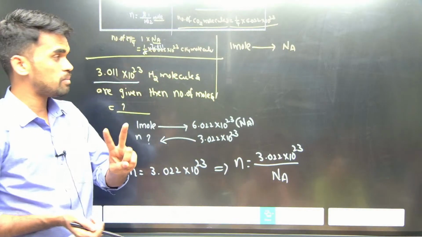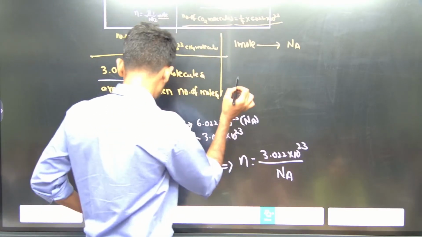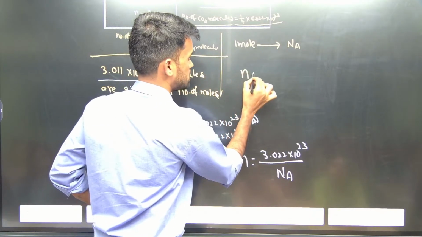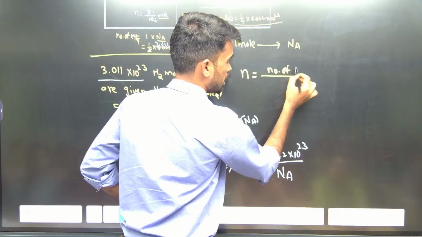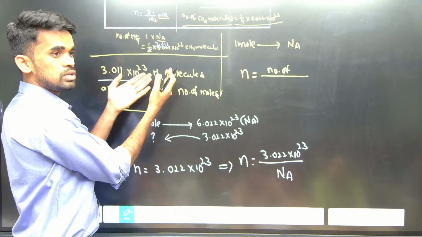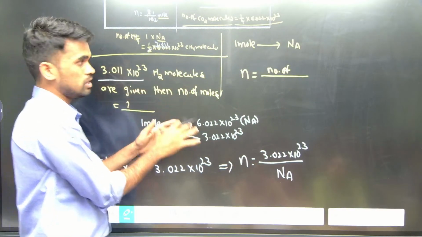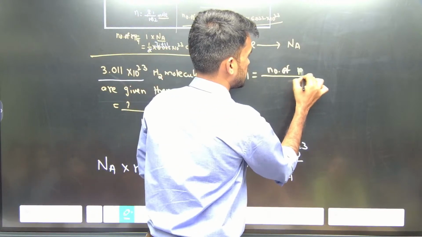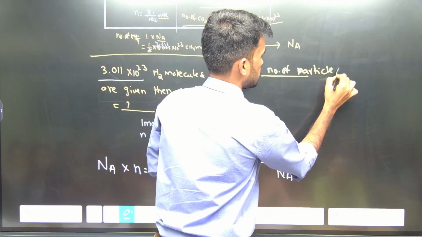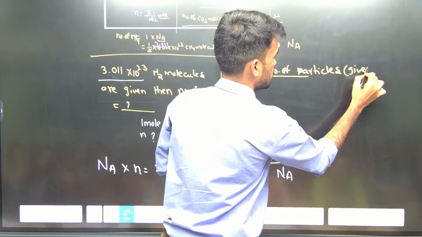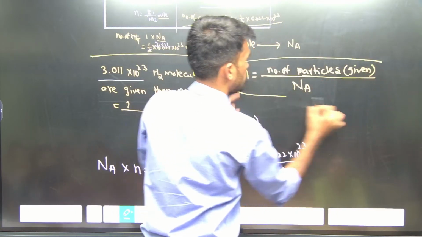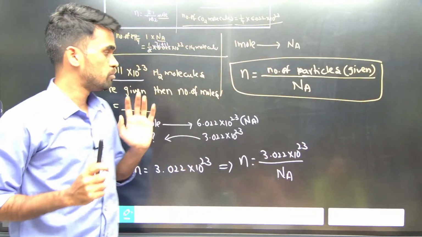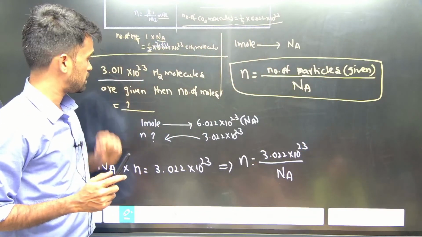Now the second formula you got is: number of moles equals number of particles given, where particles can mean molecules, atoms, ions, whatever they mention, divided by Avogadro number. So this gives you the number of moles.